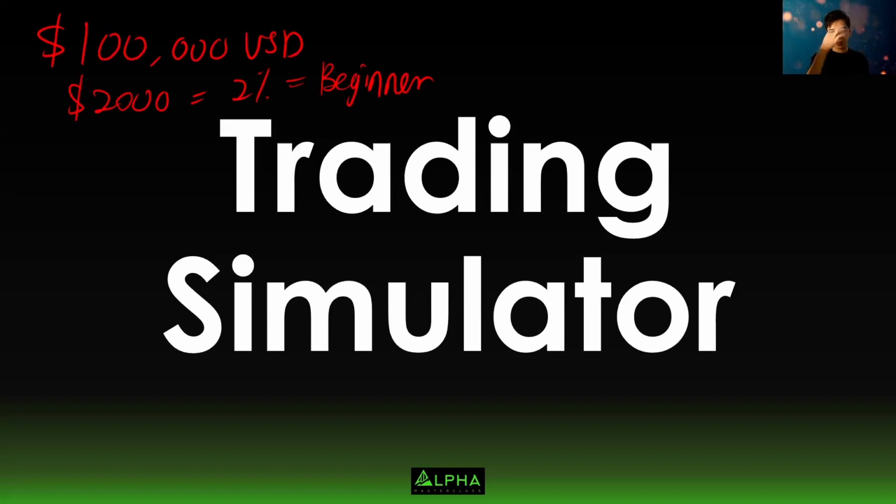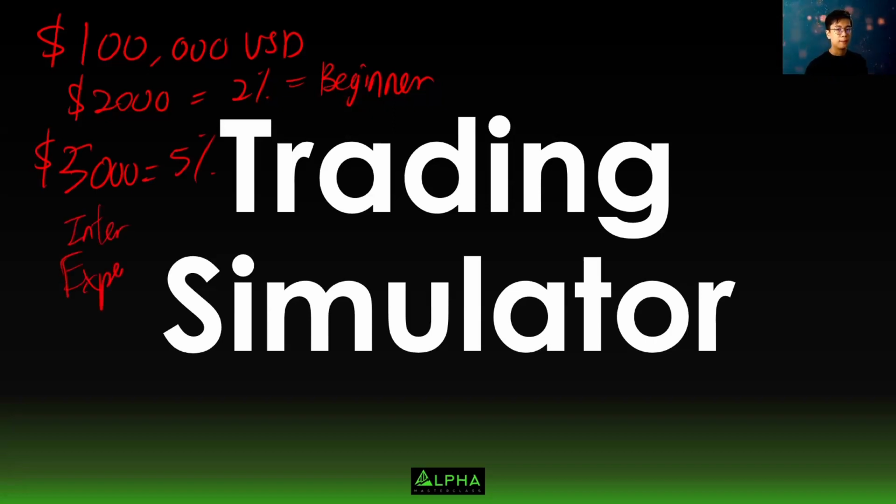Now, if you would like to get an even higher return, if you want to beat the market, then I put a benchmark of 5% for intermediate or experienced traders. This will be the target for yourself.